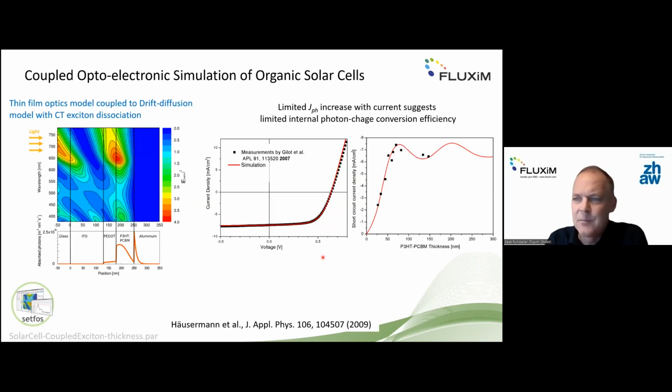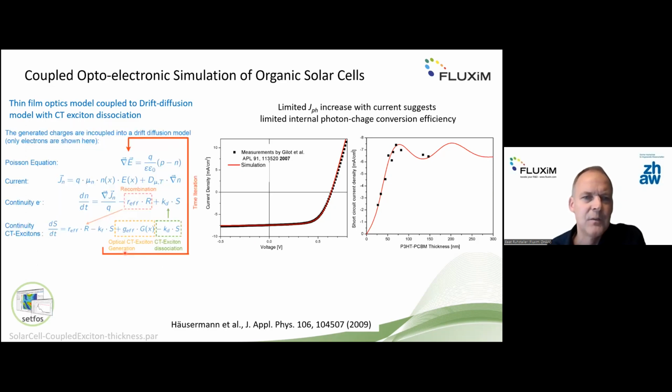Some time back, more than 10 years ago, when we started with OPV modeling, we established the thin film optics light penetration calculation shown here on the left, and then the photons absorbed are coupled into the drift diffusion model by this term here in the exciton rate equation. And then there is charge transfer exciton dissociation that gives free carriers that are then extracted or maybe also recombining.